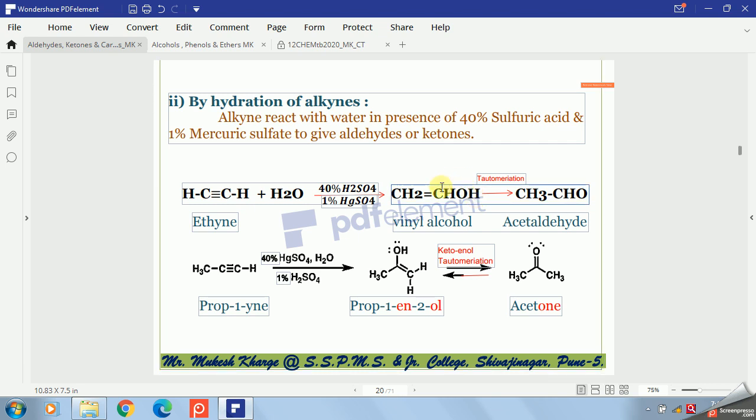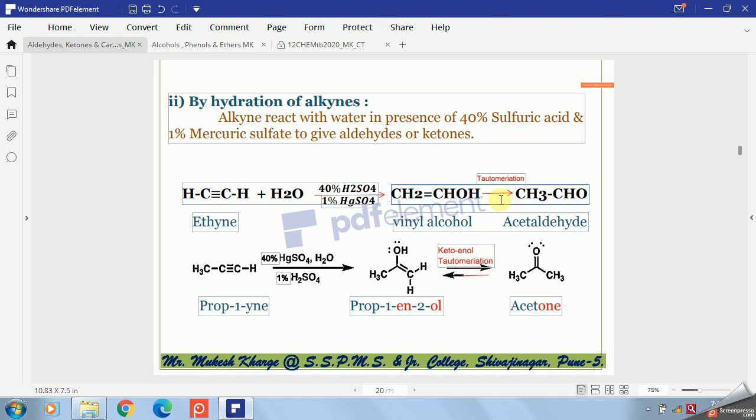Only the shifting of hydrogen occurs: the hydrogen from the OH group gets shifted to the CH2 carbon. First we break the OH bond and convert the C-O bond to a C=O double bond, and then this carbon becomes pentavalent, so to make it tetravalent, the double bond between the two carbons gets converted to a single bond, and by simple shifting of this hydrogen to the CH2 carbon, CH2 becomes CH3, and here there is a double bond between carbon and oxygen, so we get an aldehyde.